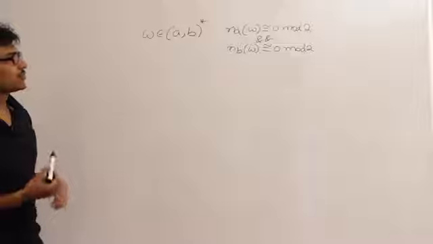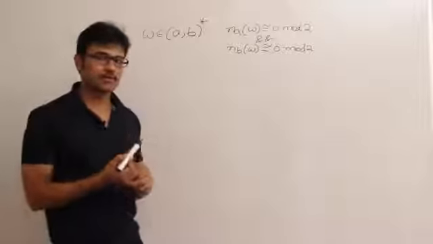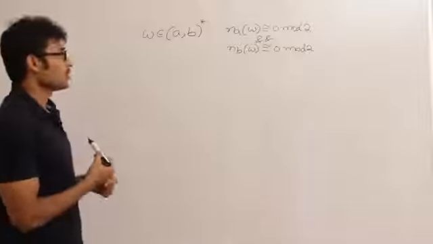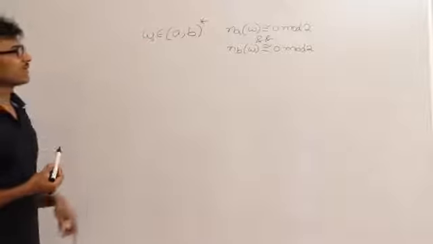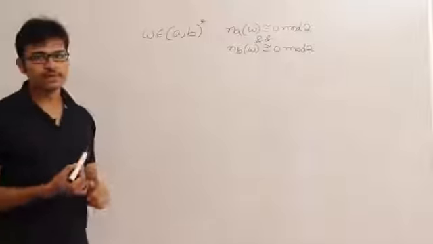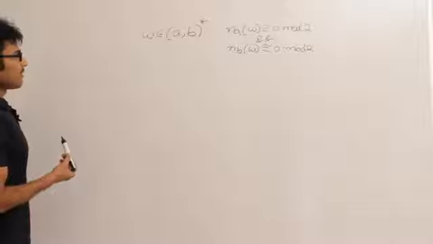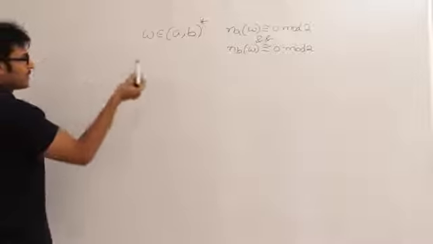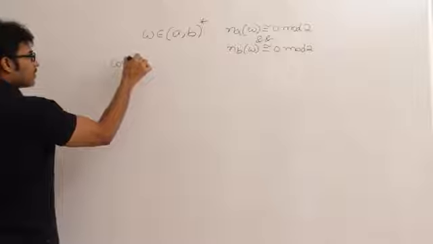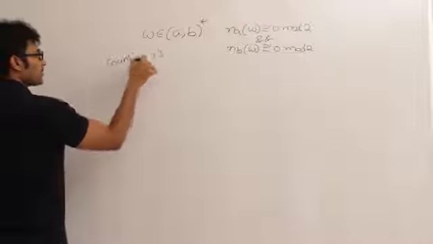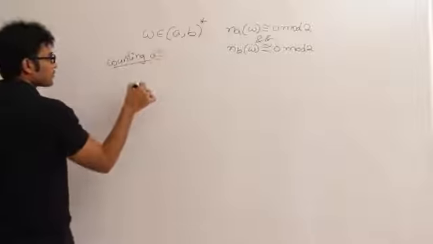Now let us try to do it in a different manner using some other method. This is also called the cross product method. First thing is we want to count the number of A's as well as the number of B's. So let me draw it like this, independently. First thing is counting A's.